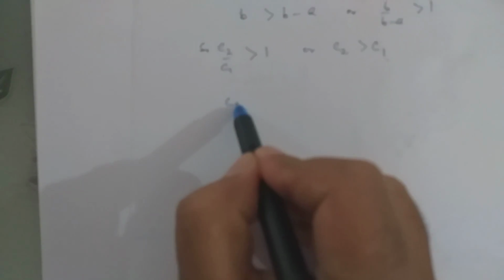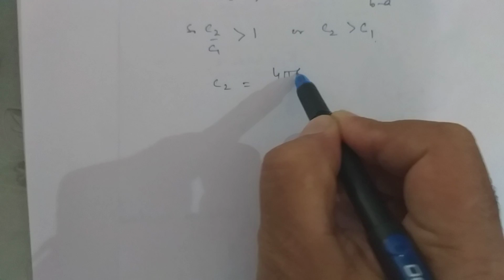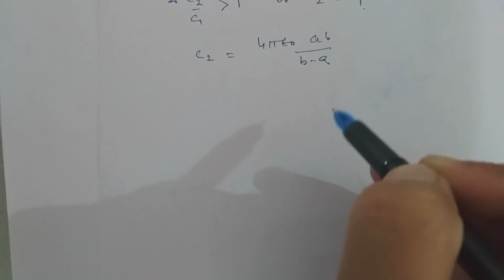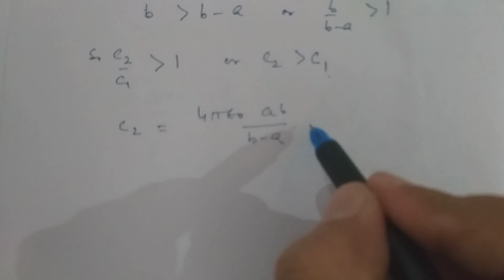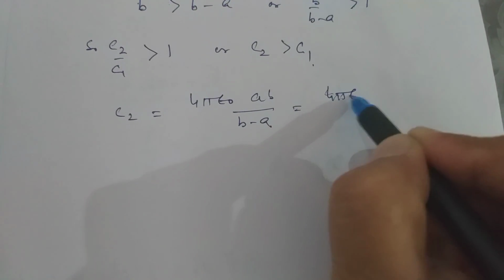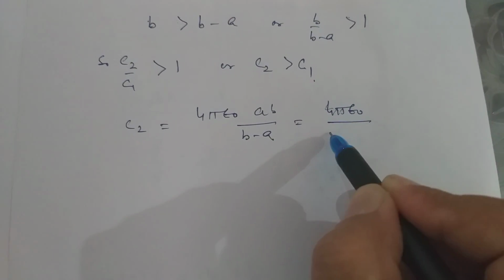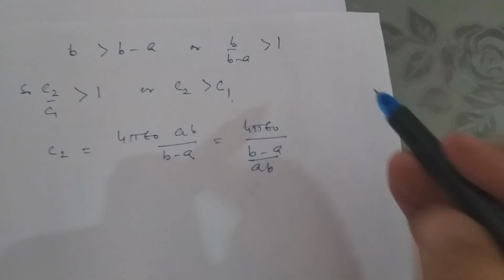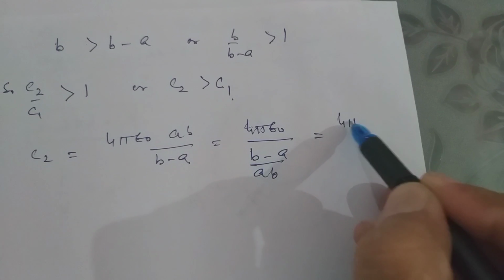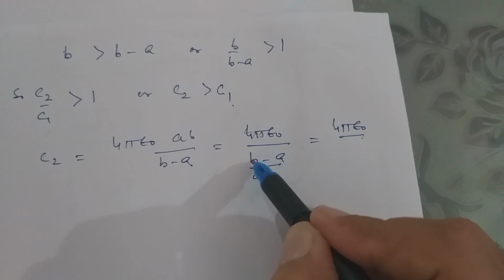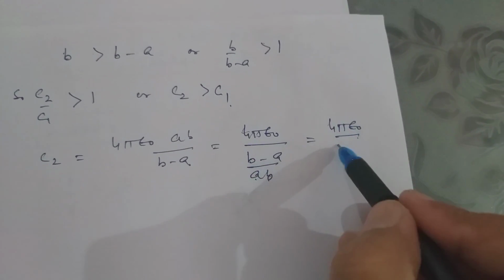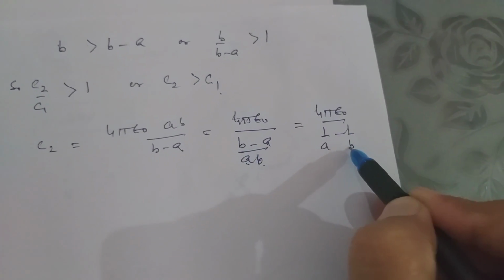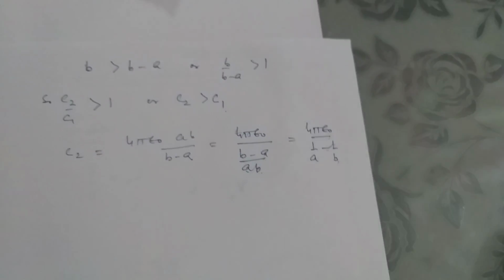C2 is 4 pi epsilon naught AB over B minus A, or it can be written as 4 pi epsilon naught over B minus A over AB, or it is equal to 4 pi epsilon naught over B over AB is 1 over A, A over AB is 1 over B, so it is 1 over A minus 1 over B.